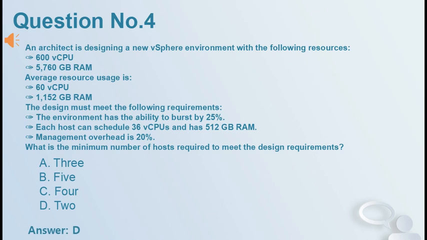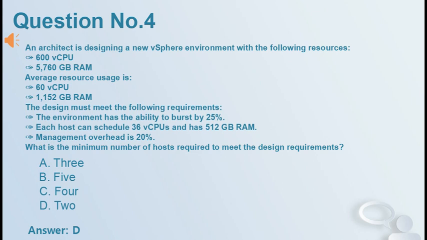An architect is designing a new vSphere environment with the following resources: 600 vCPU, 5,760 GB RAM. Average resource usage is 60 vCPU, 1,152 GB RAM. The design must meet the following requirements.